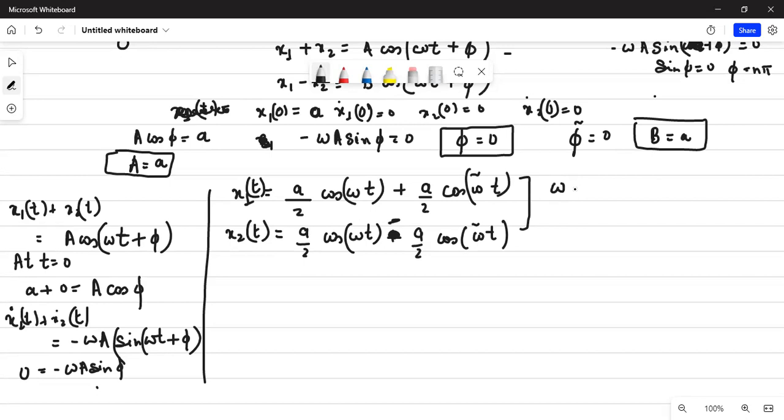I'll write omega is equal to (omega plus omega bar)/2 and minus, again I will write (omega bar minus omega)/2. Another one would be omega equals omega bar, I can write as (omega bar plus omega)/2, and then plus (omega bar minus omega)/2.